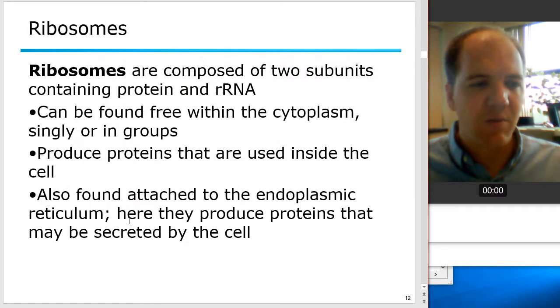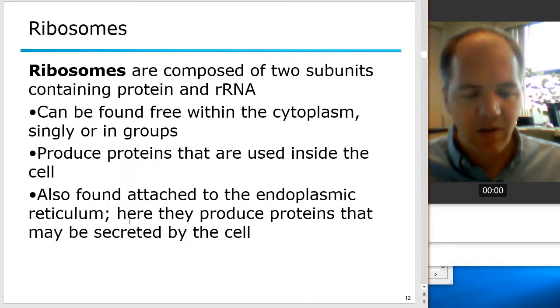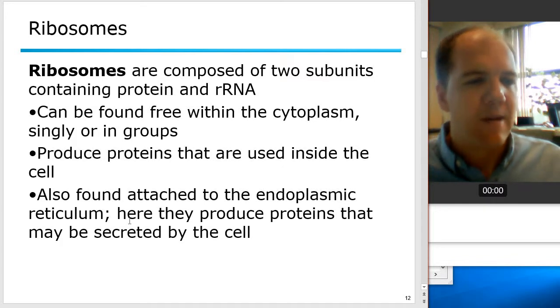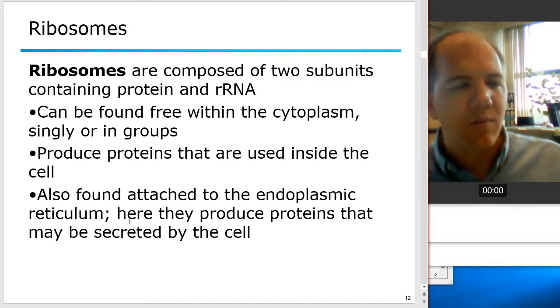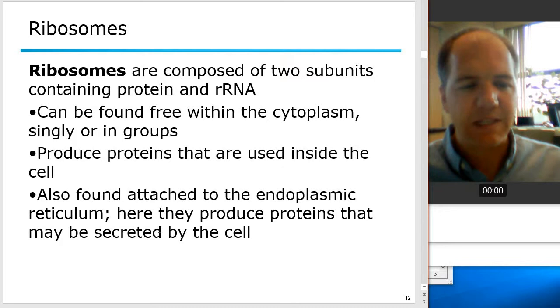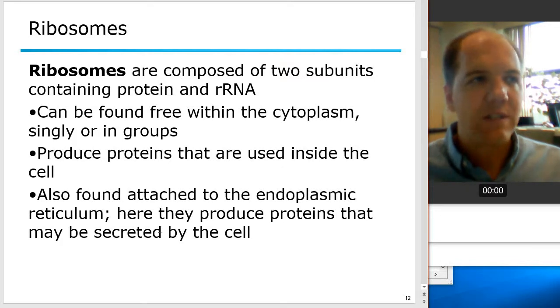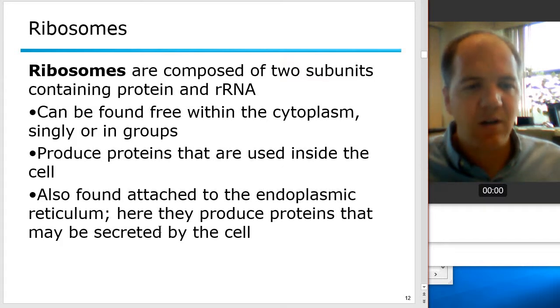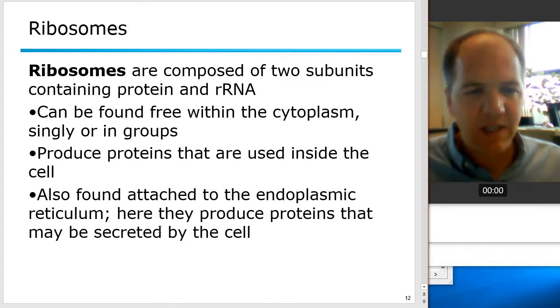So let's look at the endoplasmic reticulum and ribosomes and how they're all connected to each other. The function of ribosomes, remember, is to produce proteins. And the way they do that is they use the information from DNA. DNA holds all of our genetic information. It's what makes us who we are. And remember, in the last lecture, we talked about how we're mostly made of proteins. When you look at somebody, what you see is proteins. The information for those proteins comes from the DNA.